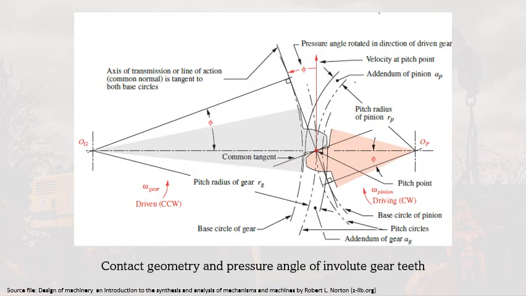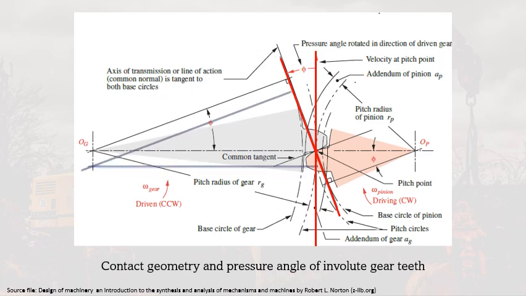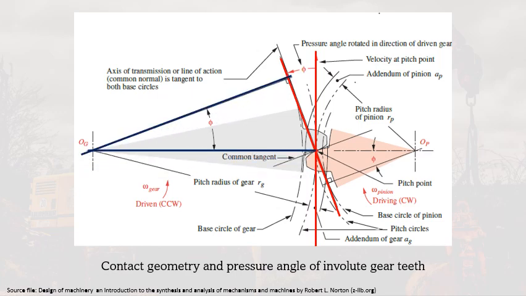The pressure angle here is denoted by this angle, and this angle here is equal to this angle also. So that is our pressure angle. As you can see, the pressure angle is measured from the line that is tangent to the axis of transmission, to both the pinion and the gear, and the normal to the pitch circle, which is this one.